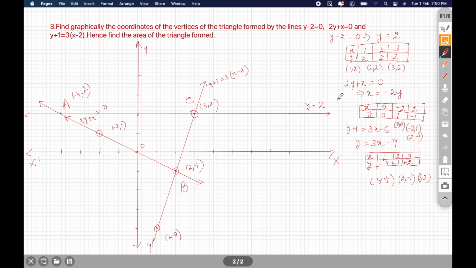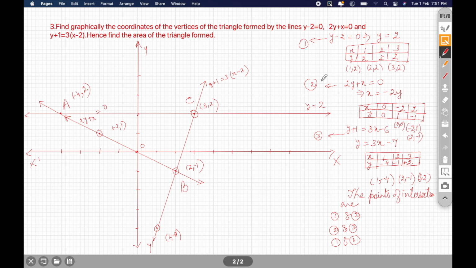So here if I name these equations as 1, 2 and 3, I can write the points of intersection between 1 and 2, between 2 and 3, and between 1 and 3.